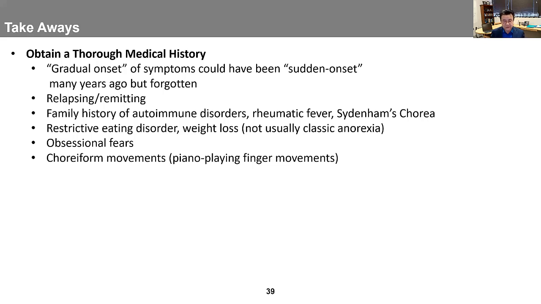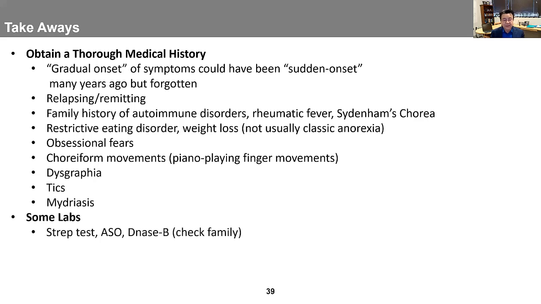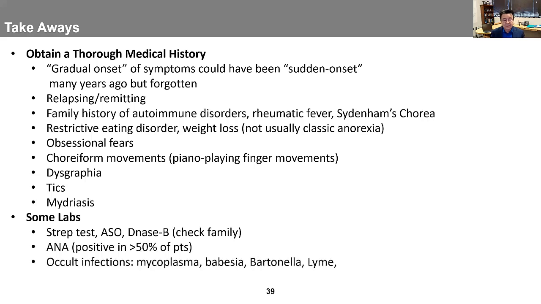One of the physicians that we work with says if you have the patient put their hands out straight, close their eyes, have their hands flat, watch and see if their fingers start to move as if they're playing the piano. Dysgraphia, motor tics, vocal tics, mydriasis. And then some labs you can check for strep, DNase-B, ANA. Many of these different ones, but the one that we're talking about today is how these targets are associated with the autoimmune brain panel.